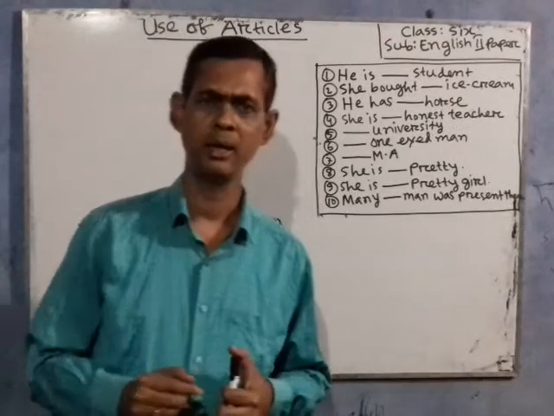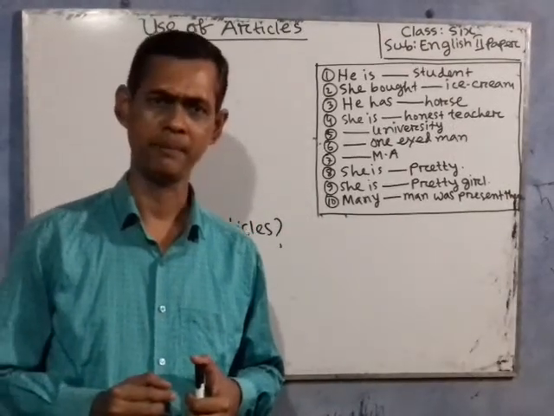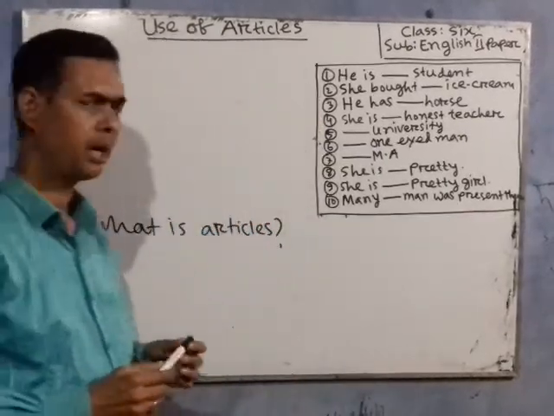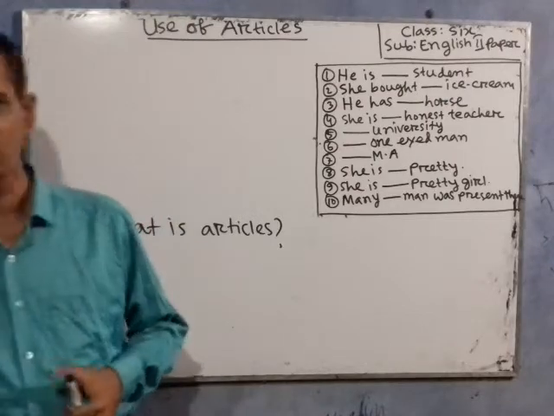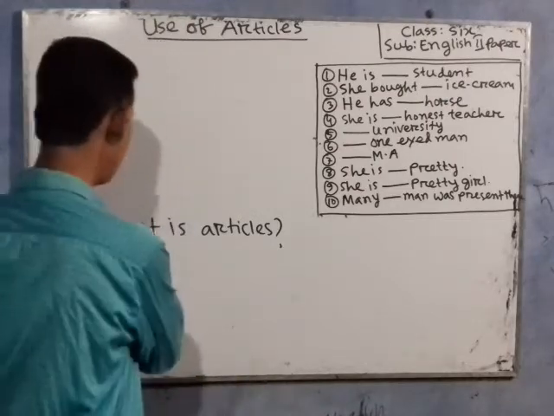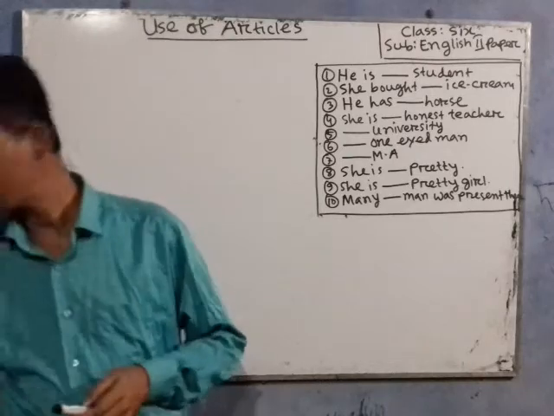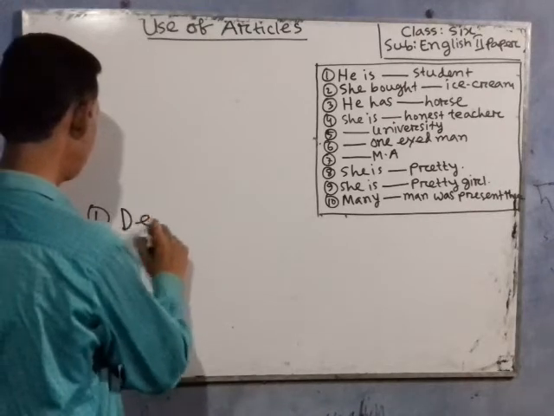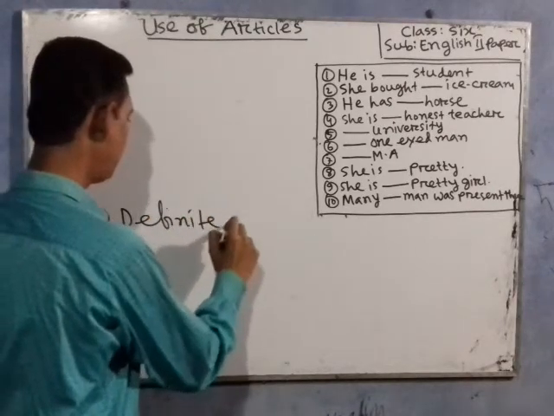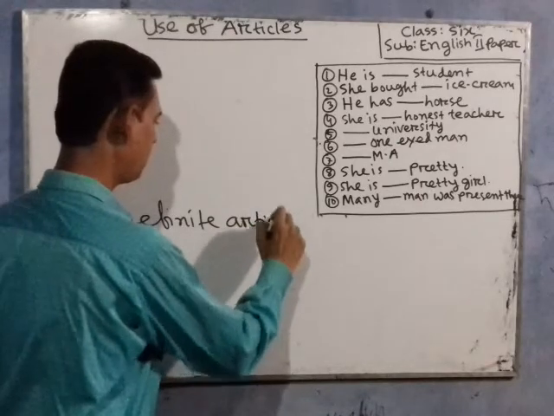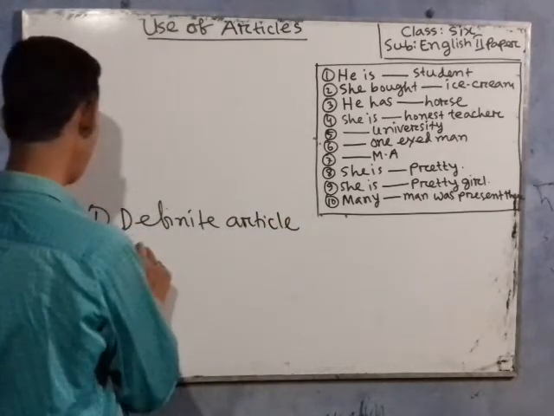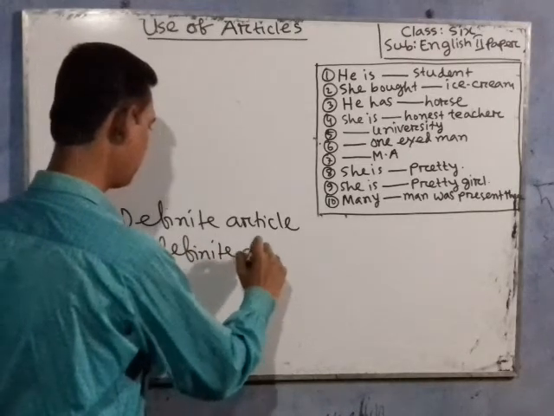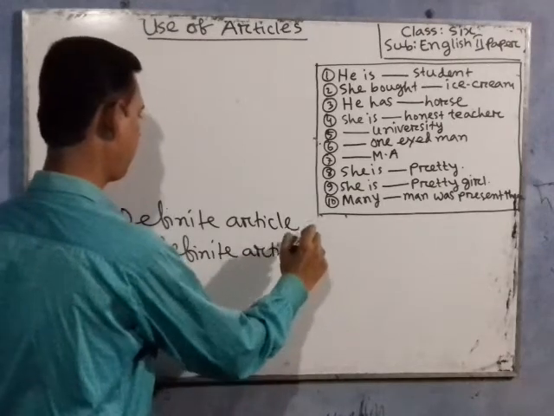The words A, An and The in English are called articles. So, how many kinds of articles are there? Articles are divided into two kinds: number one, definite article, and number two, indefinite article.